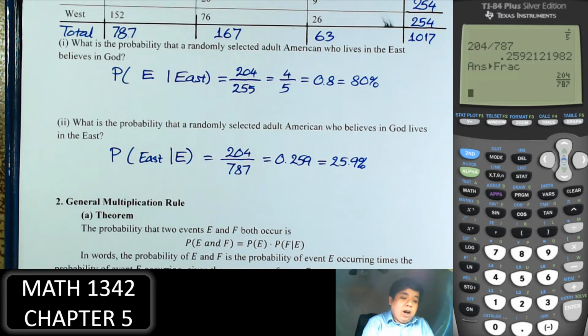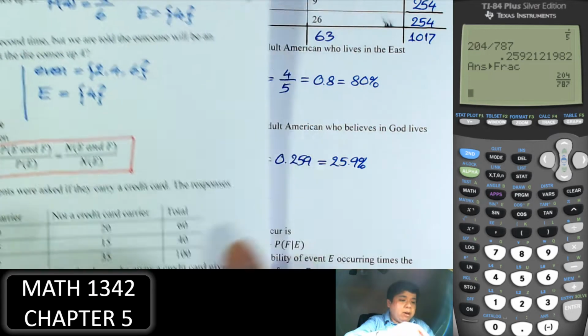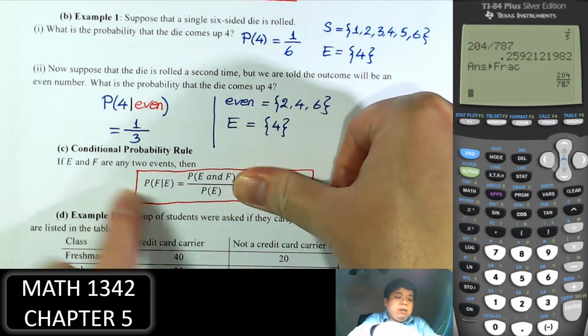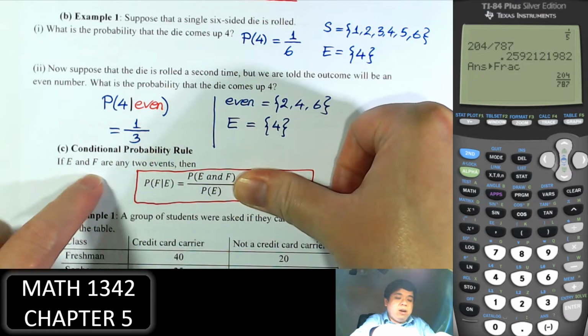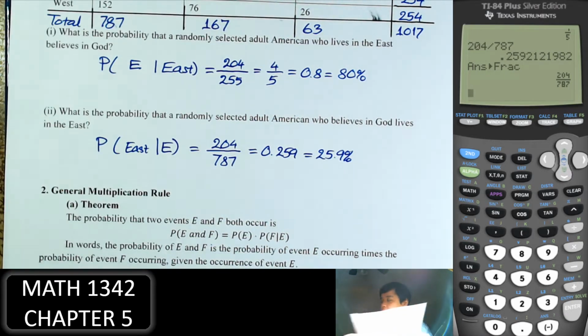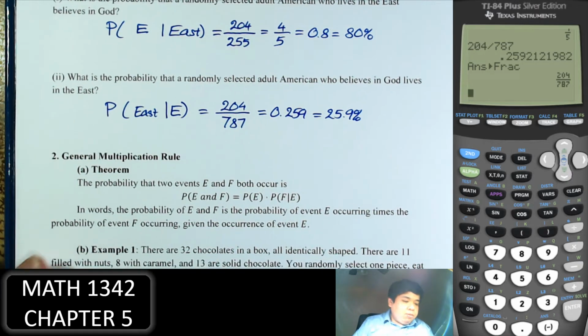Next, the general multiplication rule. The probability that 2 events E and F both occur is given like this. Actually, it's not that complicated. From here, all we do is multiply by the probability of E on both sides, and that cancels out. And so this formula implies this formula. So just multiply to it.